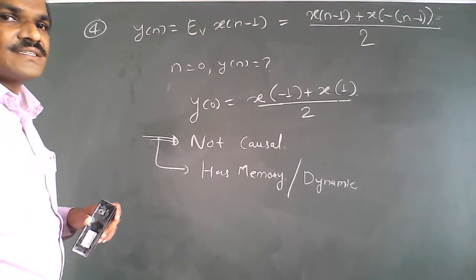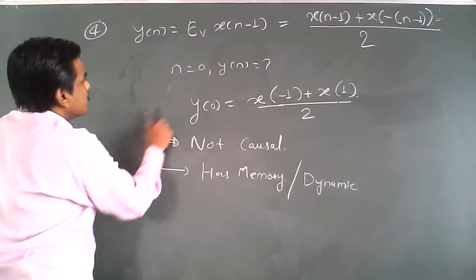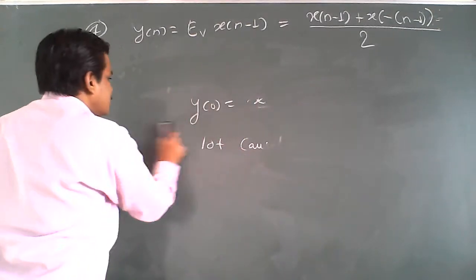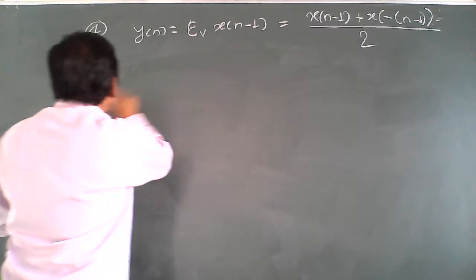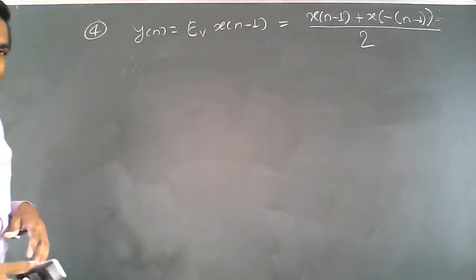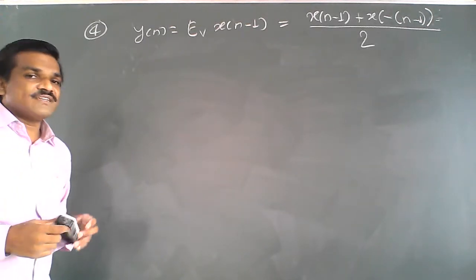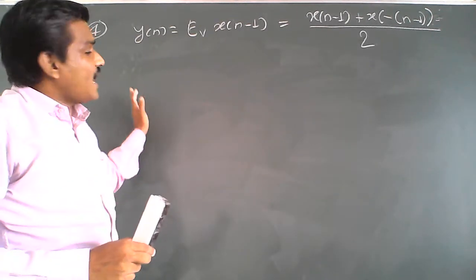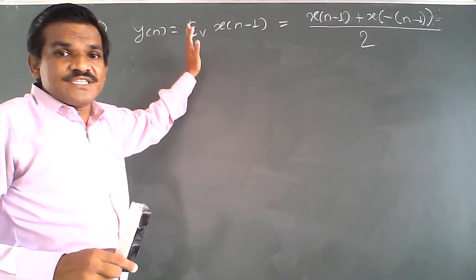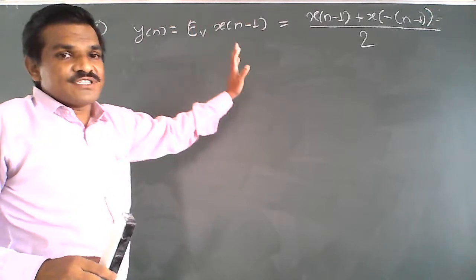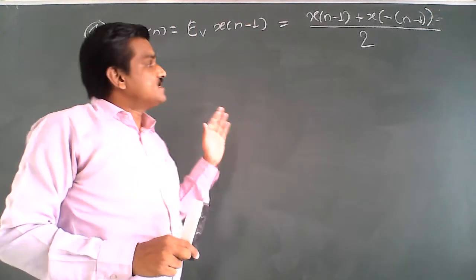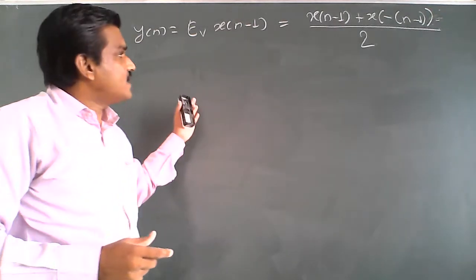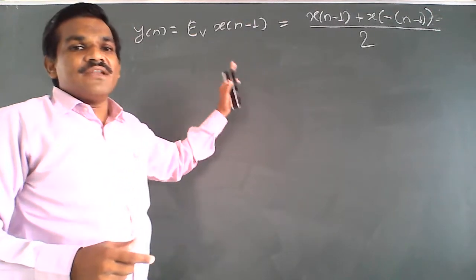Now let us consider the next property, that is the shift invariance property. What is the definition of shift invariance, or you can say time invariance property? If a shift at input gives us the shift at output, then we say the system is a time invariant system.